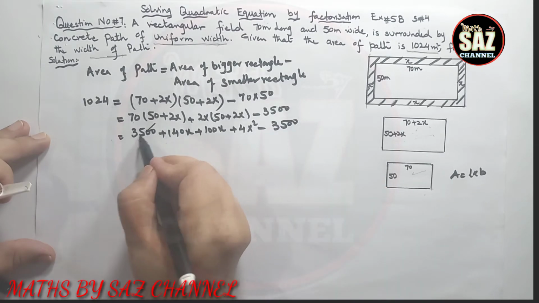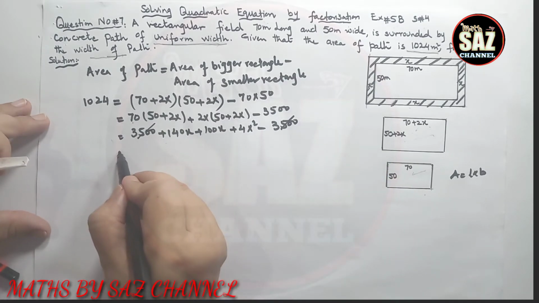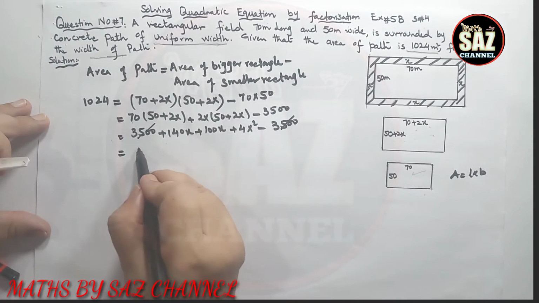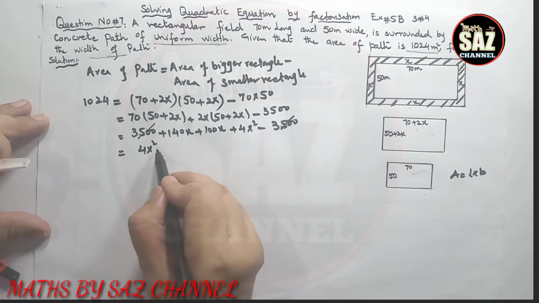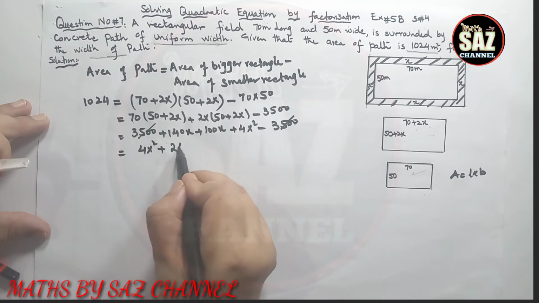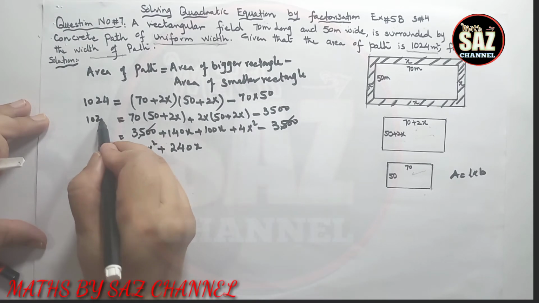Now you can see that 3500 and 3500 are the same terms, we can cancel them. I am left with 4x square, 100x plus 140x is 240x, and 1024.